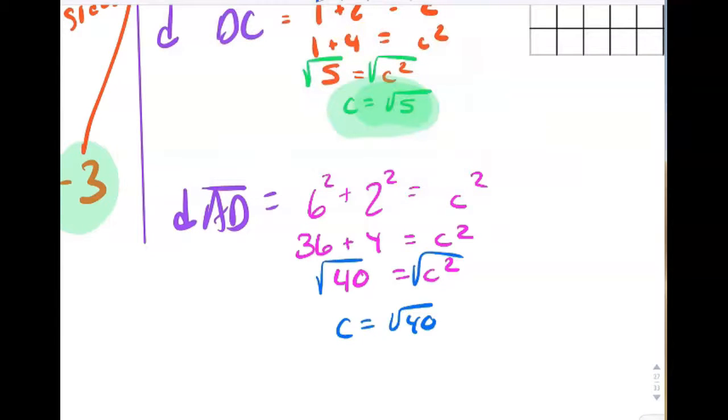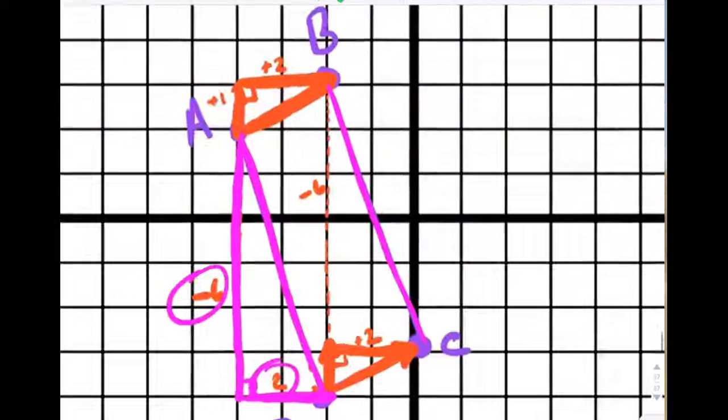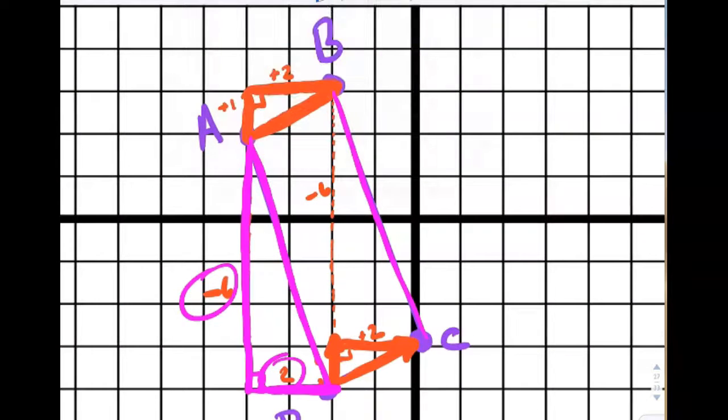Now you could break that down. Just good practice, right? Radical 4, radical 10. So we could say that that side is 2 radical 10. And we're pretty sure that this one is going to be the same because we have 6 and 2 again.